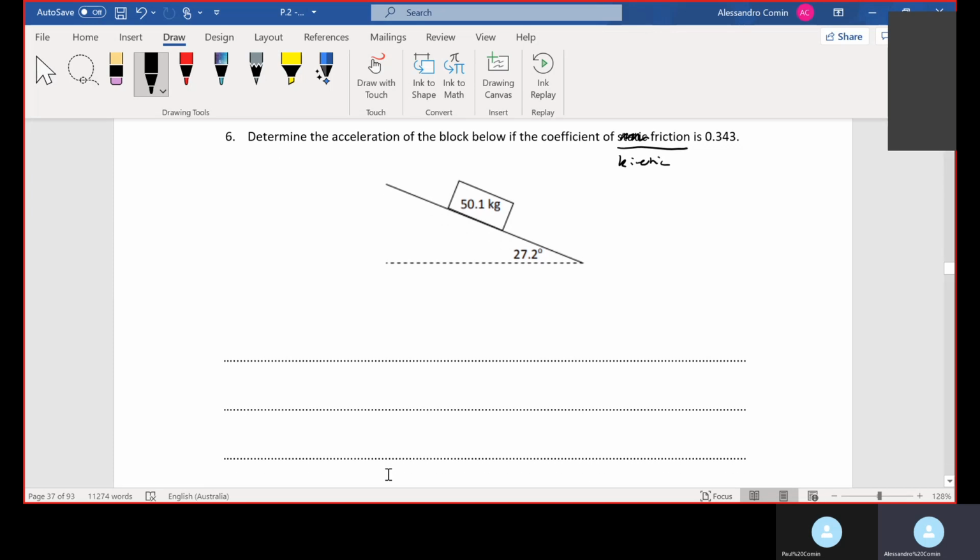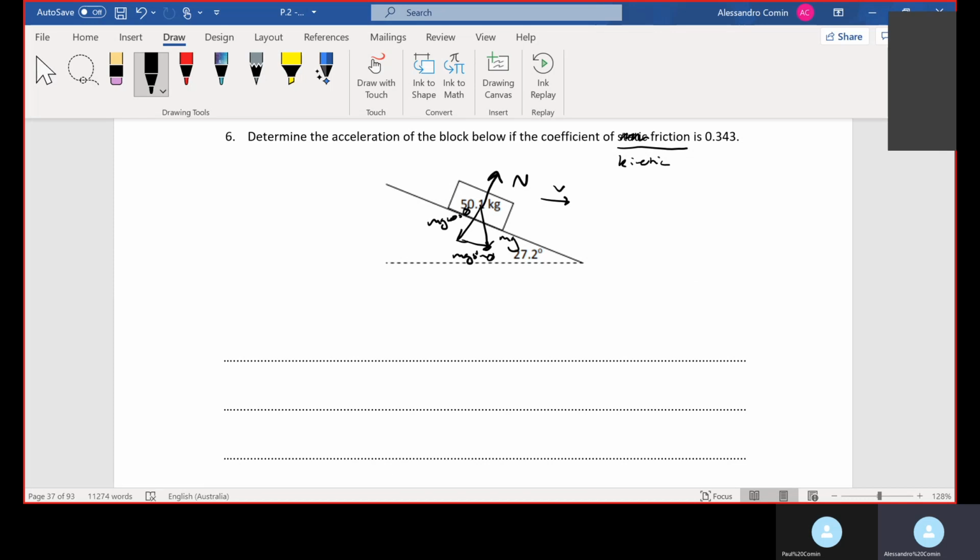So once again, we'll draw all of our forces. So mg cos theta, mg sine theta, N. And it doesn't say much, but we'll just assume that the box is sliding down the slope.